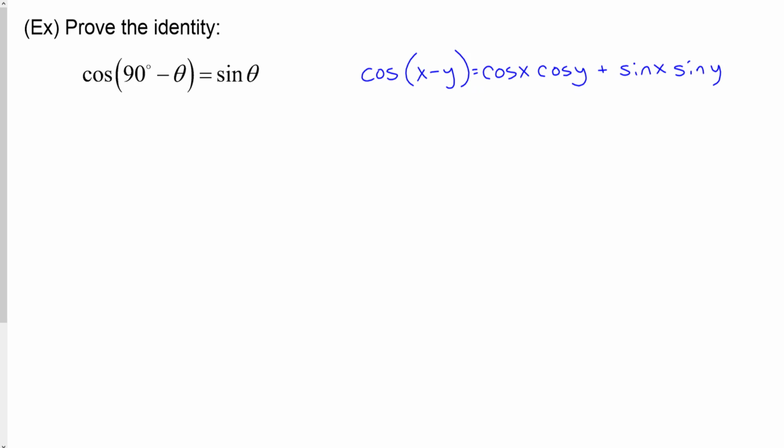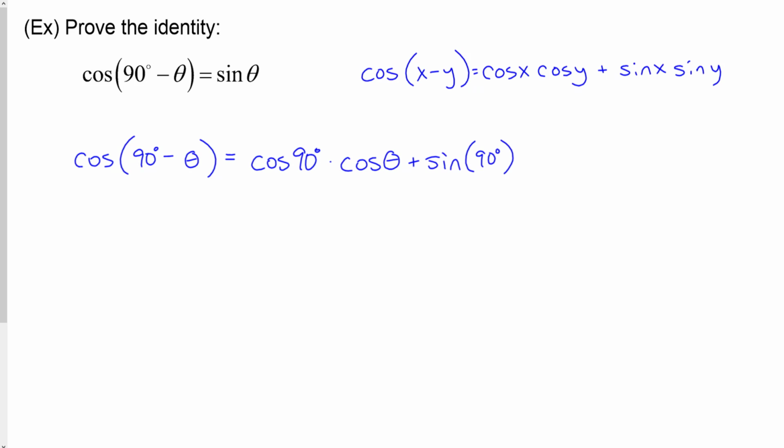And using that, we could say cosine of 90 degrees minus theta would be cosine of 90 degrees times cosine of theta plus sine of 90 degrees times sine of theta. And cosine of 90, sine of 90, if you think of your unit circle, 90 degrees is here.